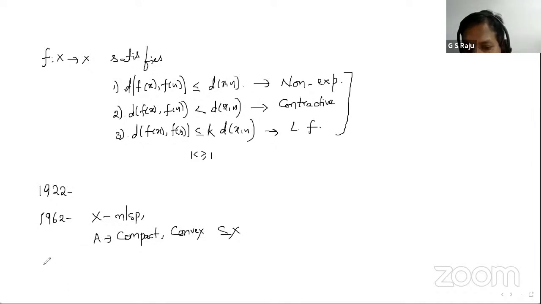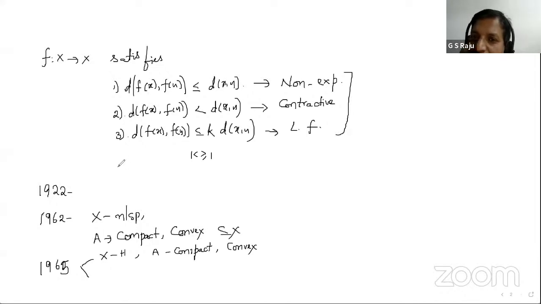Later in 1965, two major results appeared for non-expansive mappings. One is by Browder, which says that if X is a Hilbert space and A is compact and convex, then every non-expansive map possesses a fixed point.